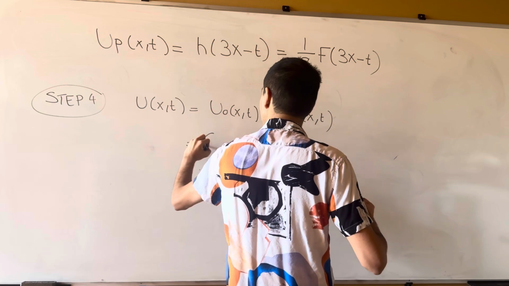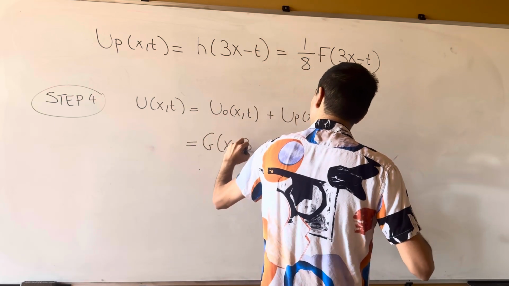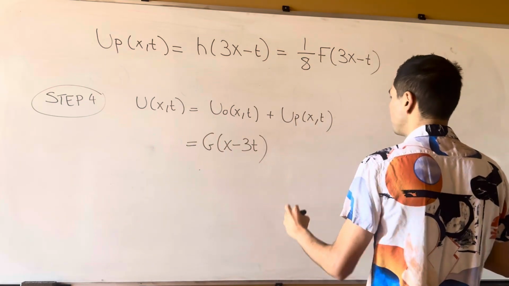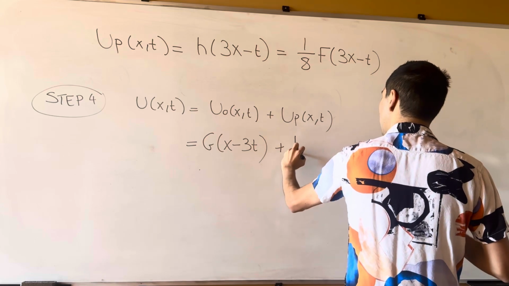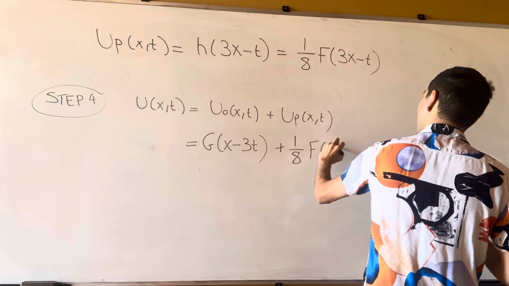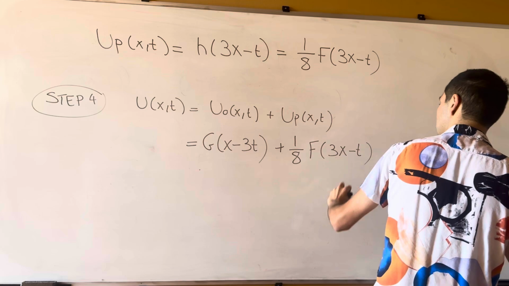So it was G(x − 3t) because of the transport equation, and then 1/8 F(3x − t).